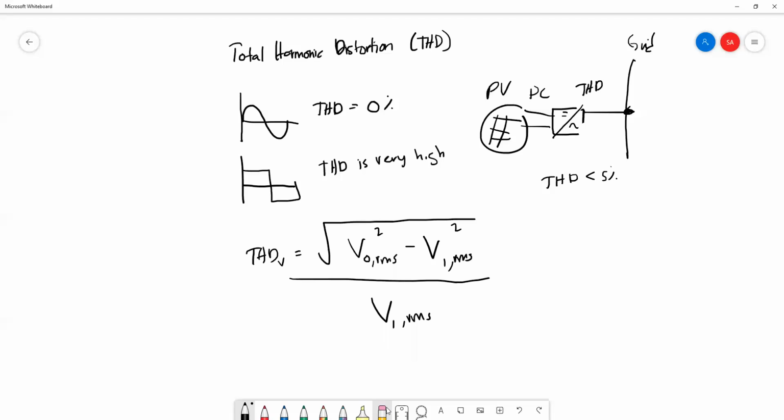So this is what I call the exact equation. It is only valid if you know the V out RMS of the waveform.